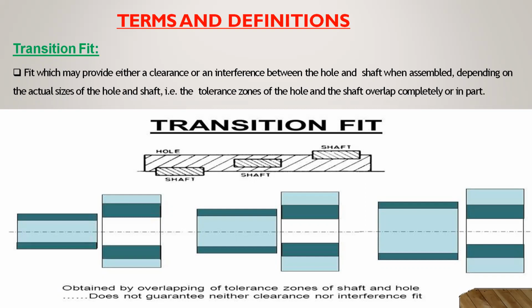So by obtaining the overlapping of the tolerance zone of the shaft and hole, it does not vary, neither clearance nor interference fit. So it is in between the clearance fit and interference fit, that is, the intermediate portion of the clearance and interference fit.